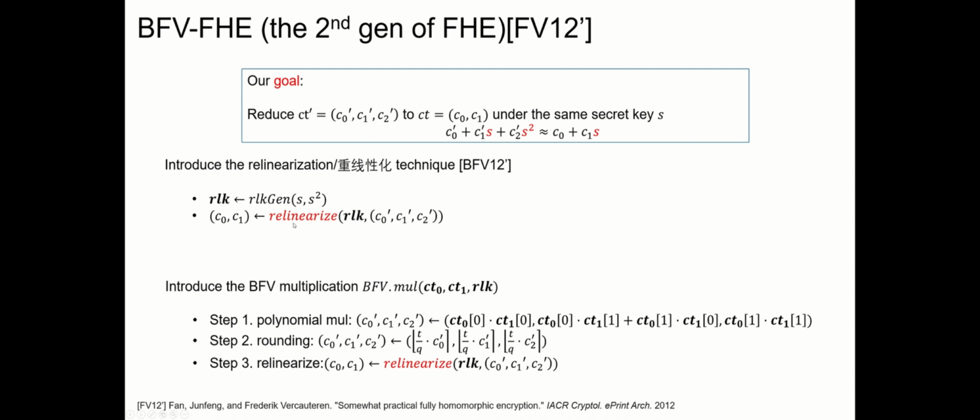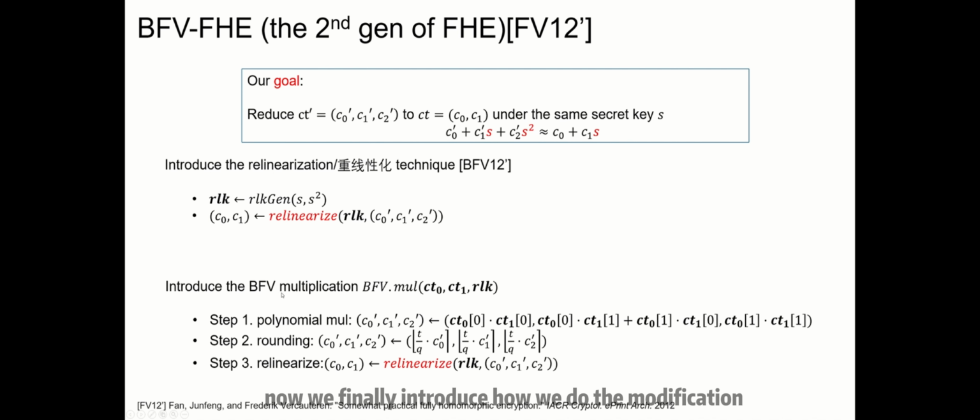And now I perform what we call the relinearize algorithm. We can reduce the size, the degree 2 polynomial, into a degree 1 polynomial as C0 and C1. And the relationship between C0, C1, and C0 prime, C1 prime, C2 prime holds as shown in this formula.